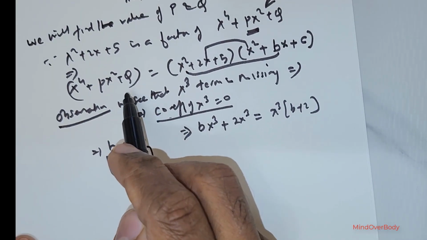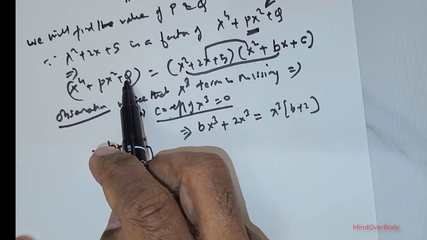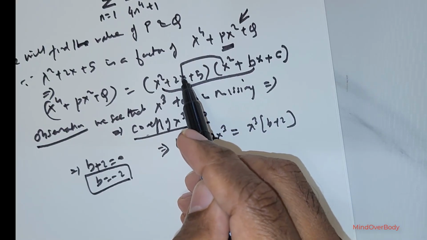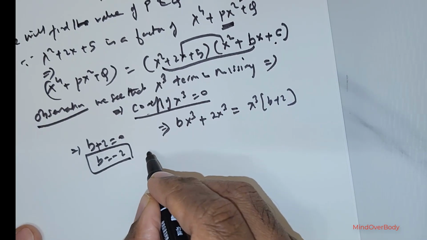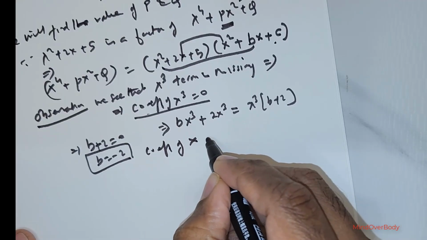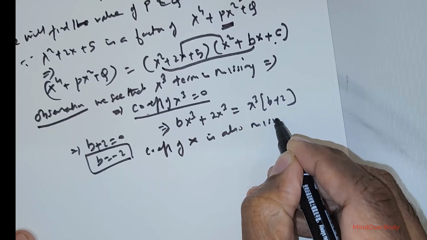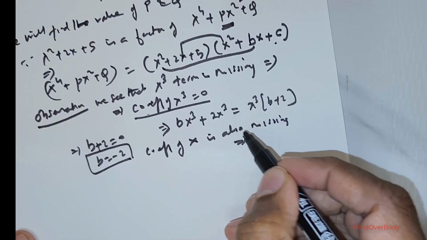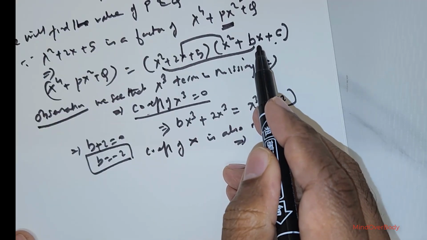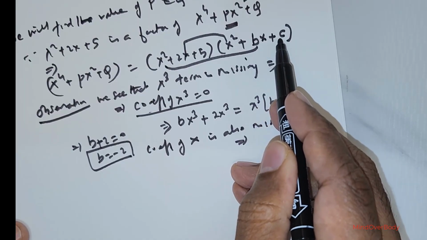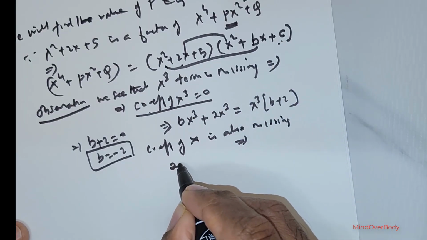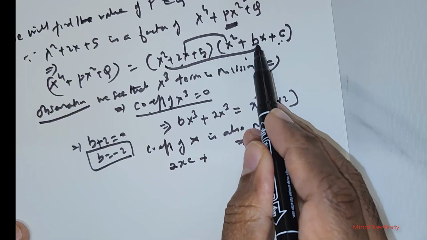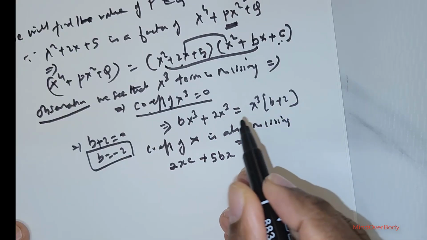Next, we observe that we are also missing the x term. Is there any possibility of getting the x term? 2x times c. So the coefficient of x is also missing, which means the coefficient of x is going to be equated to 0. So c times 2x, plus 5 times bx, there's another term there.